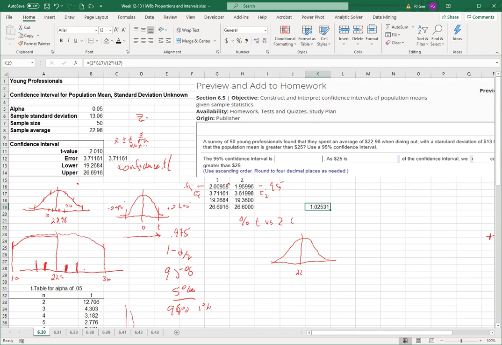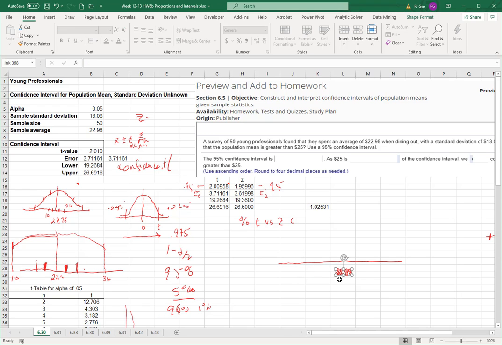Here's 22.98. I'm trying to keep it to scale here, which is difficult because the coefficient of variability is so high on this problem. I'm going to magnify it a little bit and mark it here.